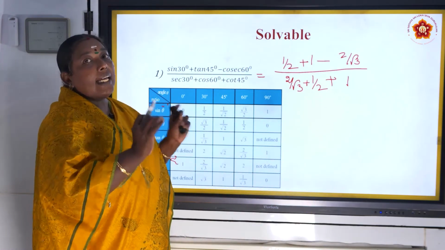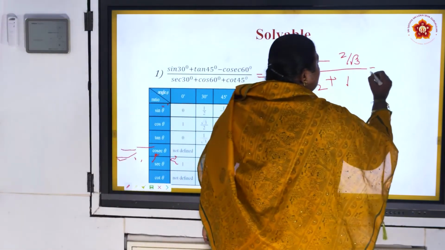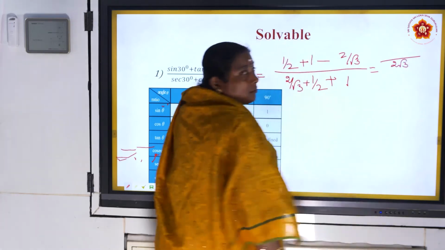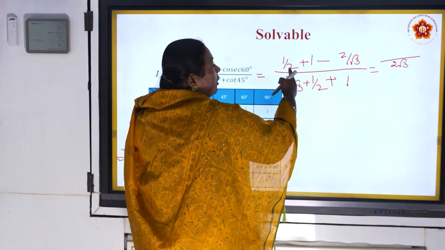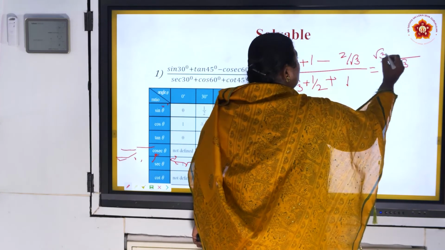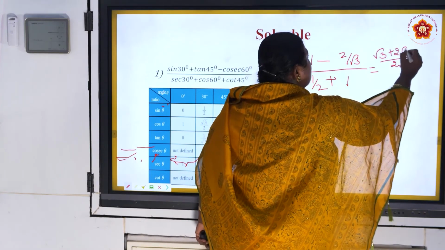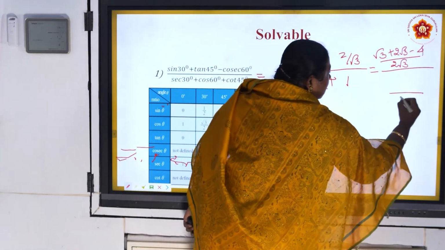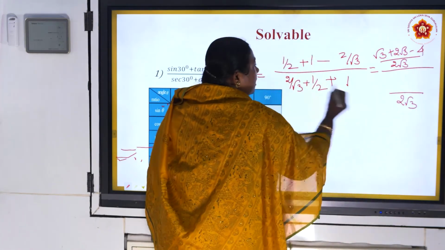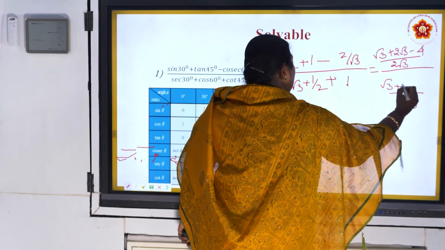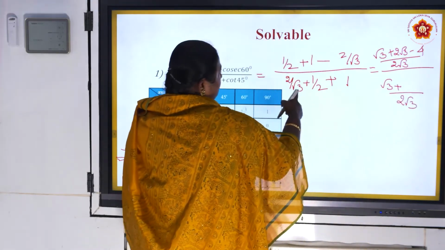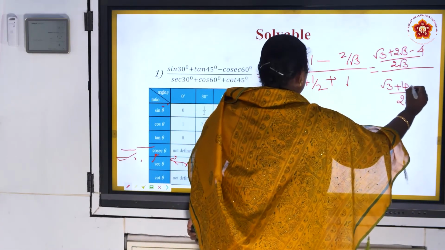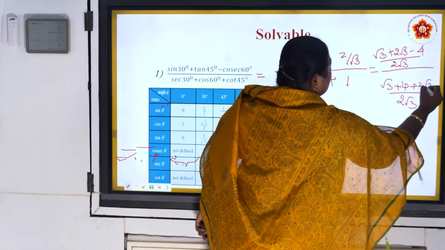Just do the LCM. So what is my LCM here? 2 and root 3. Right? So here root 3 is not there. So it is root 3 plus 2 root 3 minus 4 divided by, here also the same thing, 2 root 3, here root 3 plus, sorry, here it is root 3, it is plus 4 plus 2 root 3.